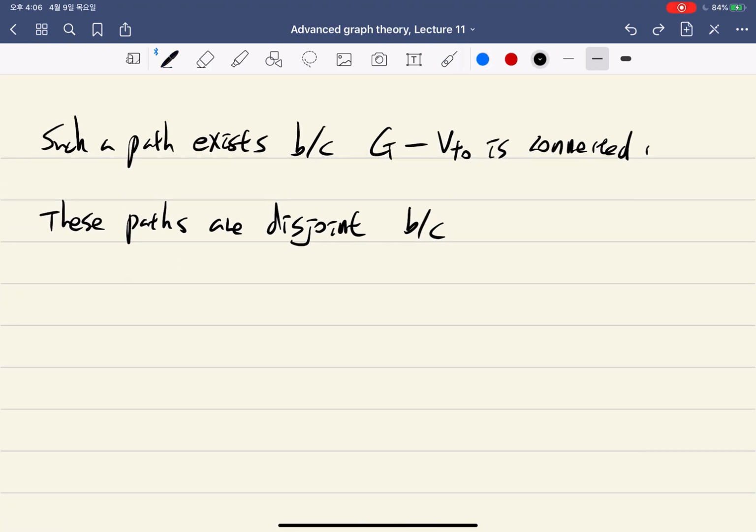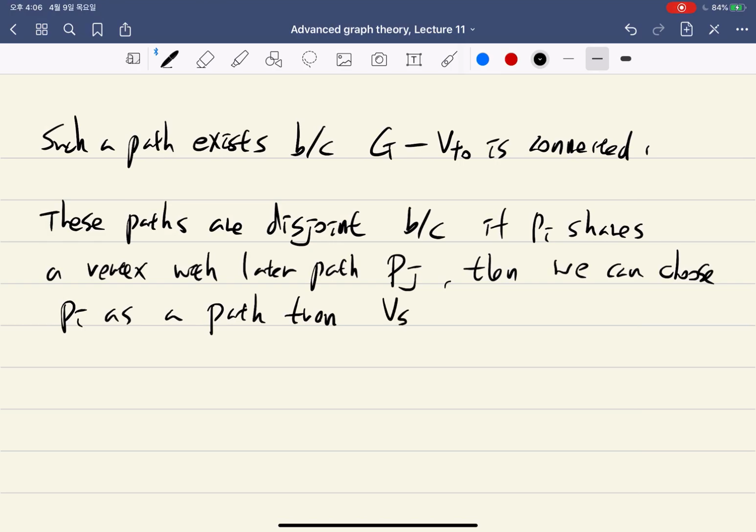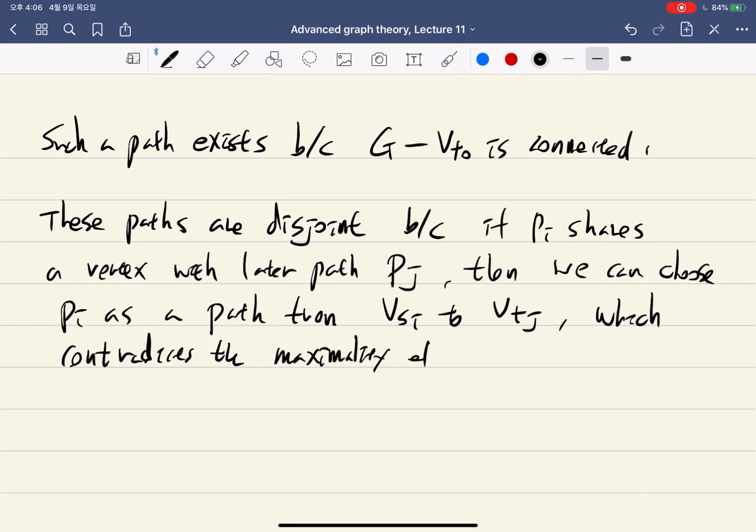Because if Pi shares a vertex with, say, a later path Pj, then we can choose Pi as a path from V(si) to V(tj), which contradicts the maximality of Ti.